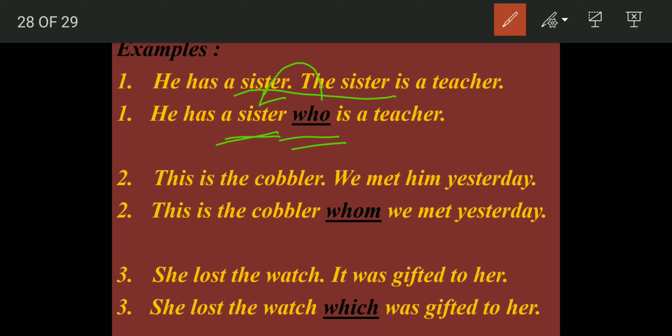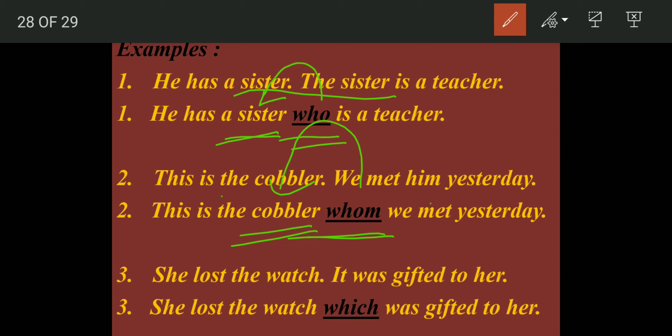This is the cobbler. We met him yesterday. So when you have to combine these sentences, how will you write? This is the cobbler whom we met yesterday. So this term whom is relative. It is joining the two sentences and it is referring to cobbler, the noun given. So it is a relative pronoun. You know, the terms which are used to combine two sentences, and that term is referring to one of the nouns given in the sentence.